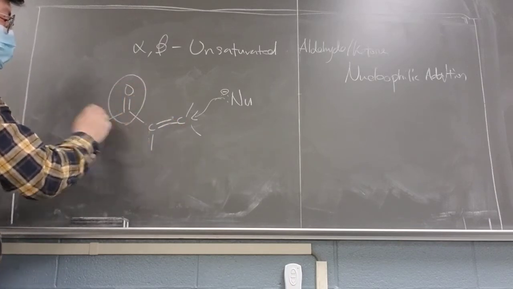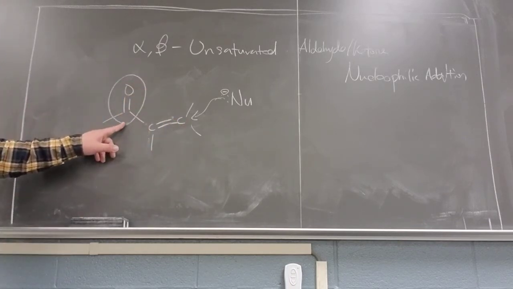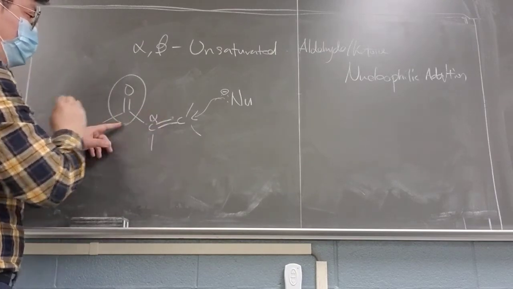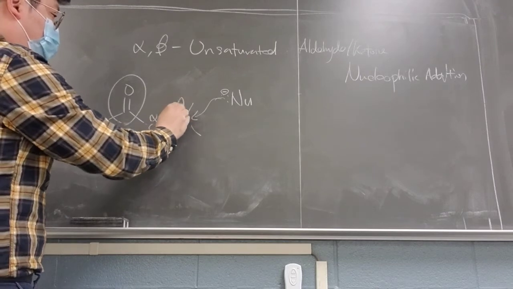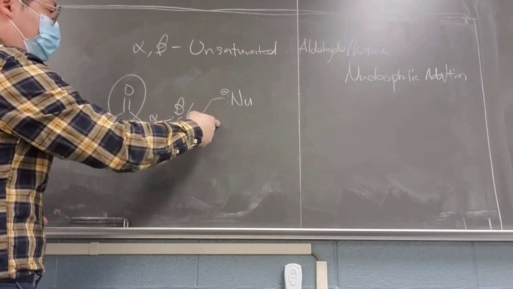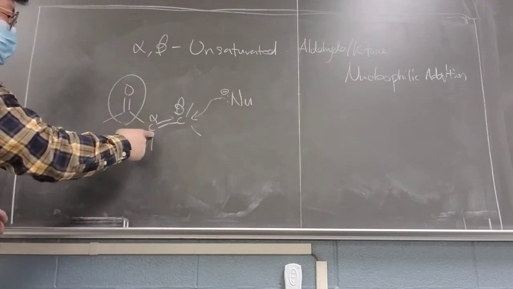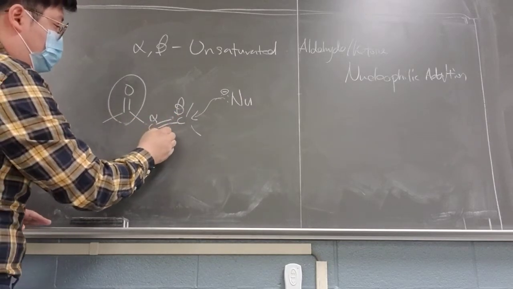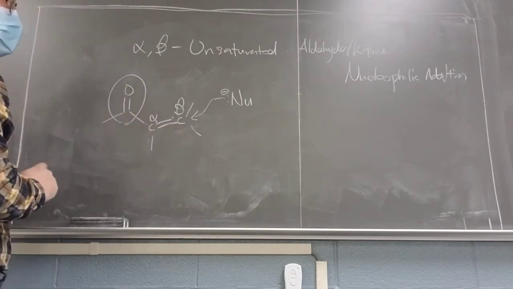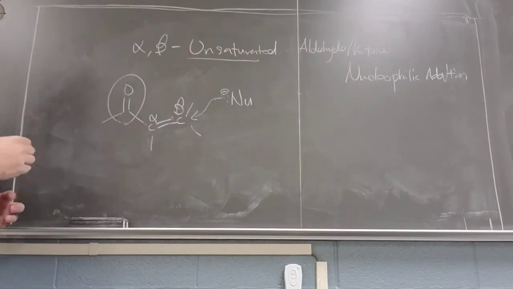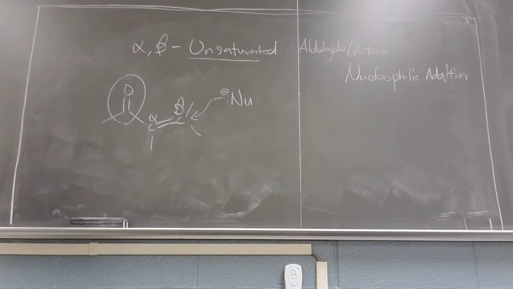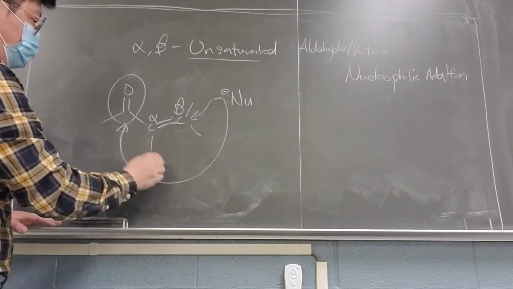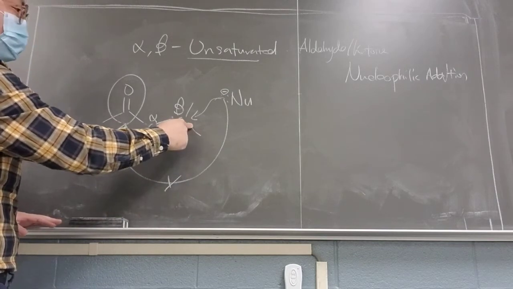The carbonyl group is the functional group. One carbon away from the functional group is what we call the alpha carbon. This is the beta carbon, and further out would be gamma and so on. Those two carbons are in a double bond, so obviously it's unsaturated. We call this alpha beta unsaturated addition. In this case, the nucleophile is not going to attack the carbonyl carbon; it attacks this beta position.